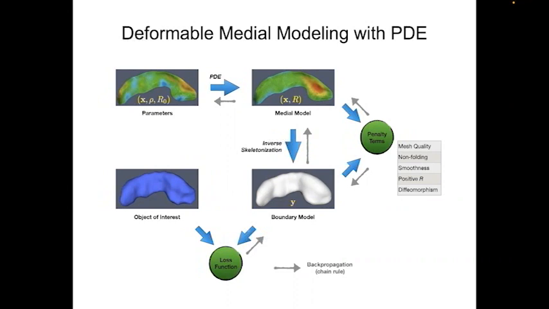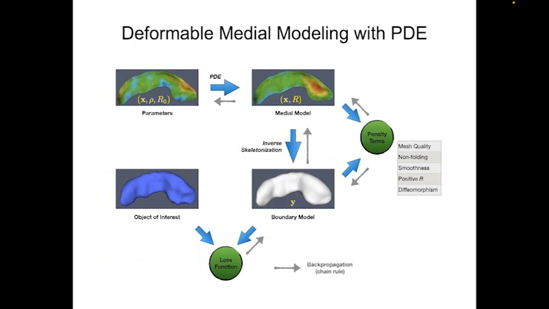With simple boundary models, it's not trivial to compute dice overlap between an interior of a model and an object of interest. But with the coordinate system that a medial representation gives you, it's linear in just the number of nodes that you have.